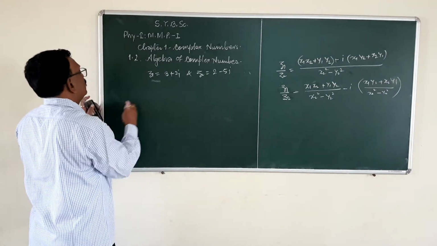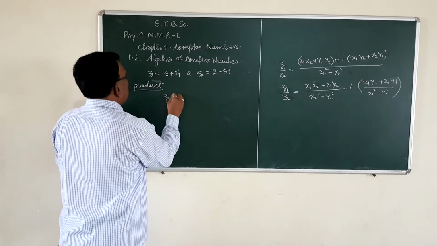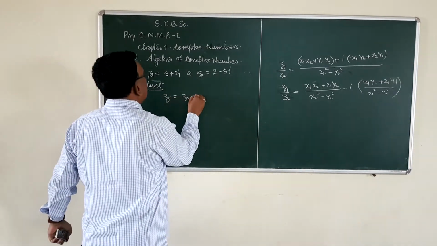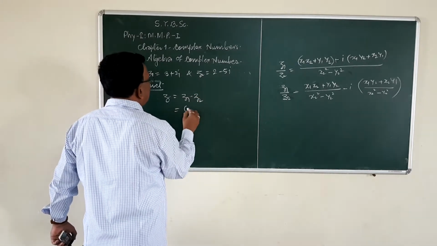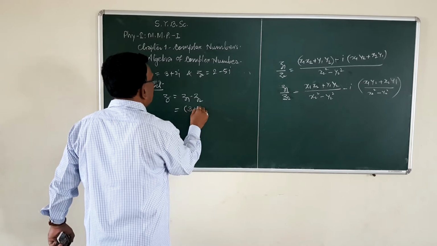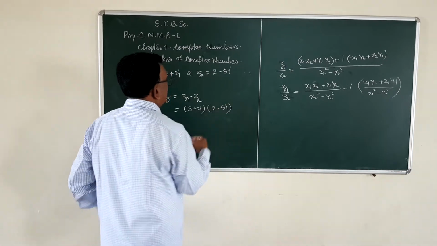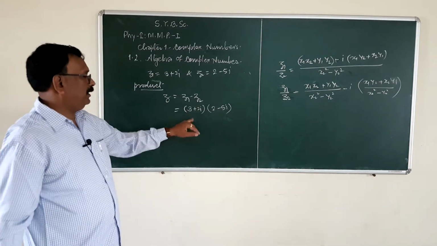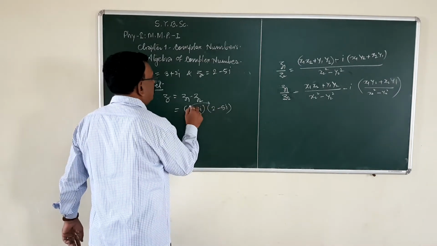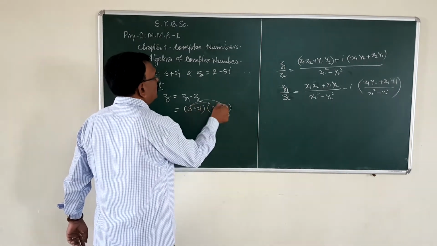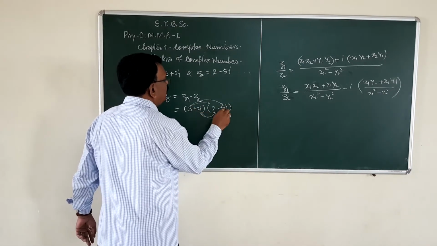Then the third operation, product. Here we have to take z is equal to z1 into z2. After substituting the value of z1 and z2, we get 3 plus 2i into 2 minus 5i. This is very simple. Take multiplication between these: multiply 3 by 2, and so on for all the terms.